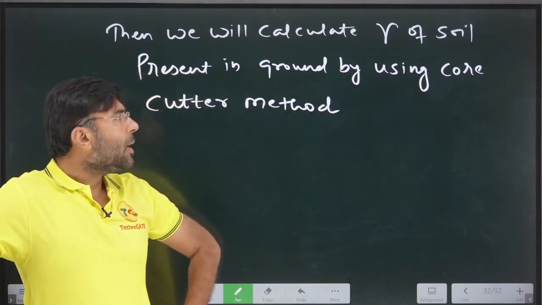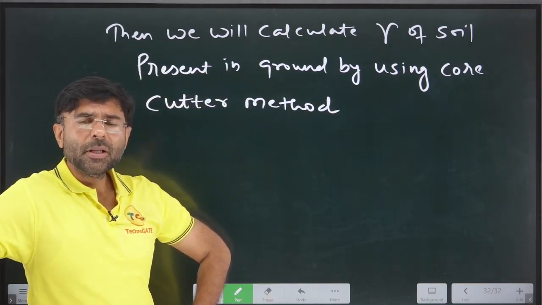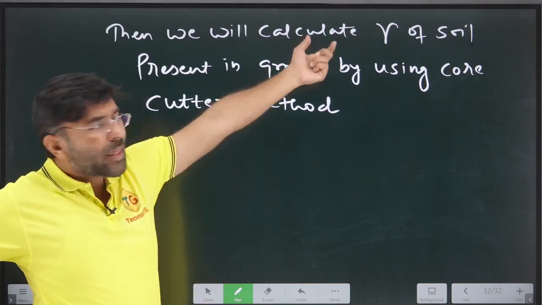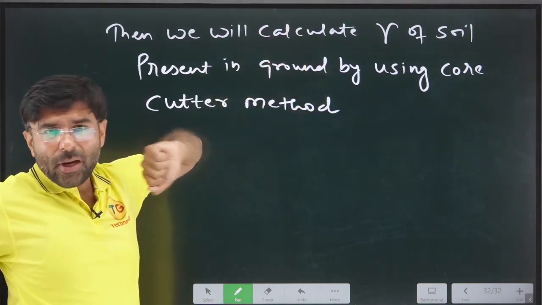We will calculate gamma of the soil by performing the core cutter method. Once I use the core cutter method, I will be getting the value of gamma.